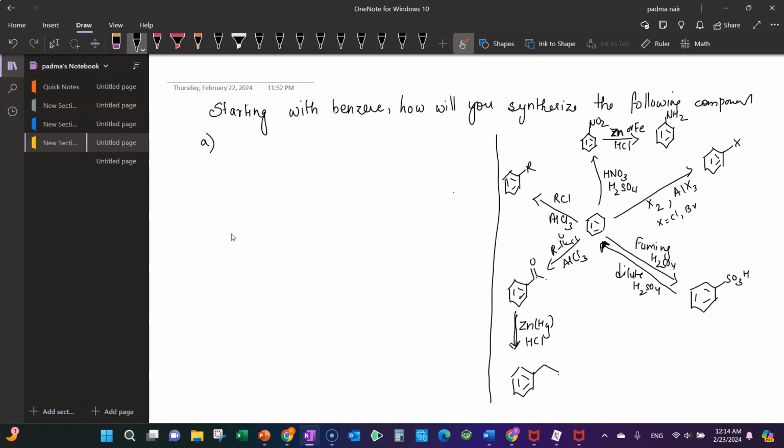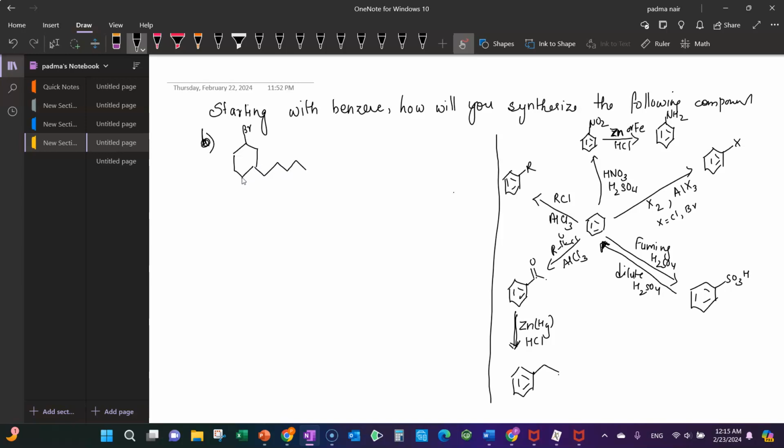Okay, all right. Next one is, again, this question is the same. Starting with benzene, how will you convert it into the following compounds? Now I have a different structure, which I put here. So actually I have an example where I have 3 substituents.